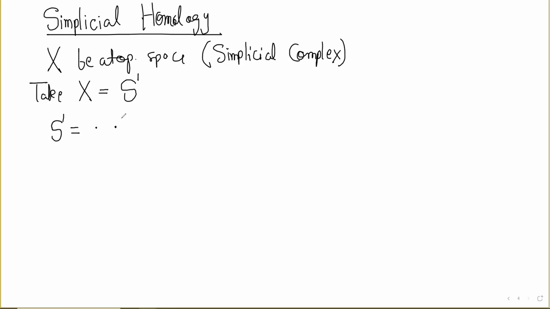So I will have to take 2 points. Okay, take 2 points. You can think of these as zero simplices. You can use whatever intuitive definition of simplices you have. Okay, just these 2 points.